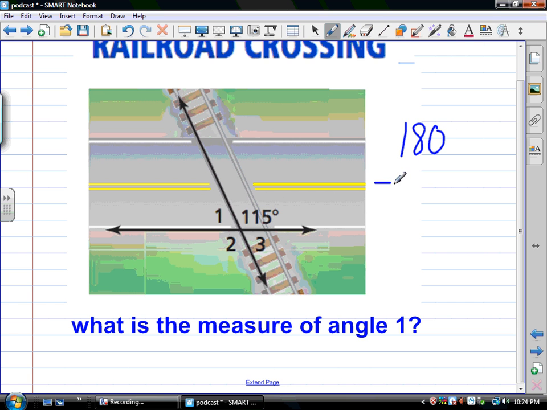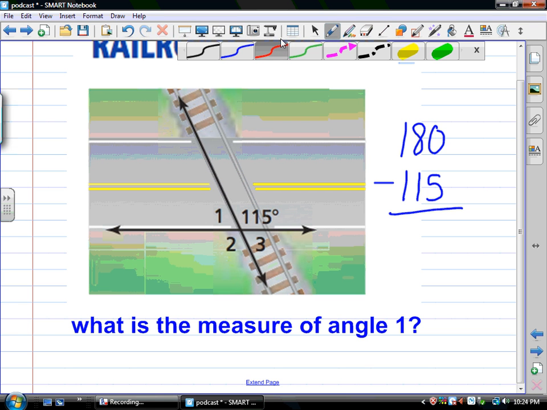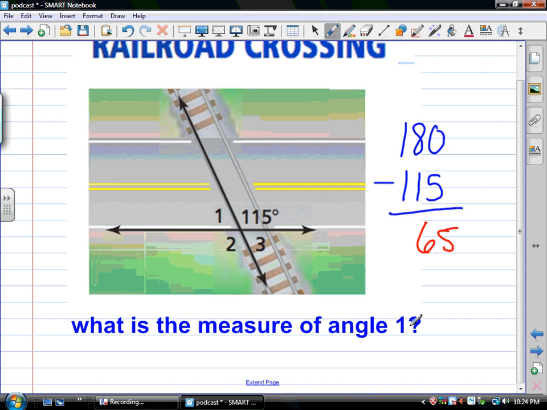I'm at 115. Subtract. Angle 1 would be 65 degrees. Check your answer. Add 65 and 115. It gives you 180.